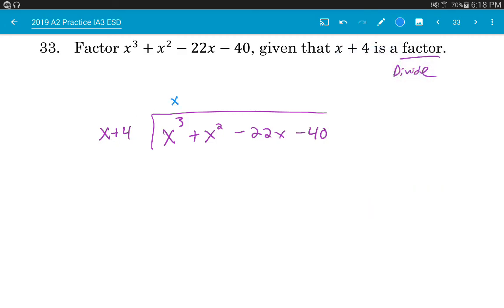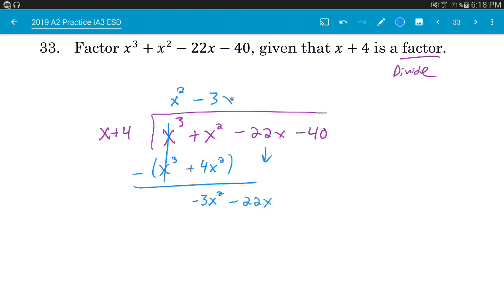Alright, that's x squared, x cubed plus 4x squared, subtract. 1 minus 4 is negative 3x squared minus 22x. x goes into negative 3x squared, negative 3x times. That gets me negative 3x squared minus 12x.